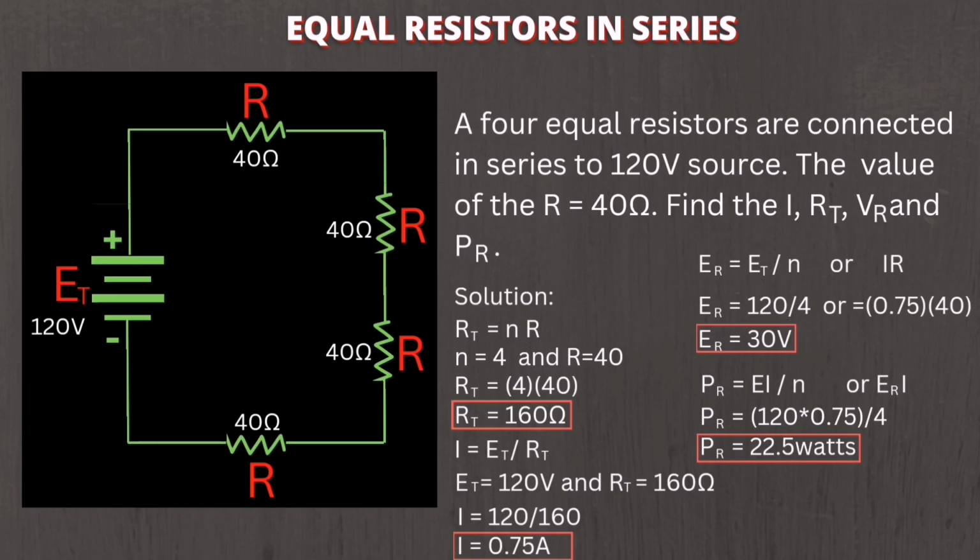We can also solve that using the other formula. P sub R is equal to E sub R times I, where E sub R is equal to 30 volts and I is equal to 0.75 amperes. So the answer is also equal to 22.5 watts.